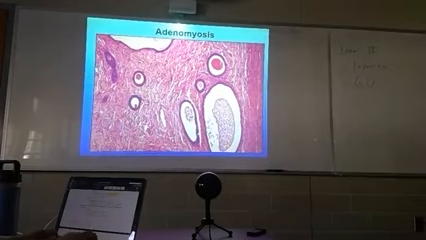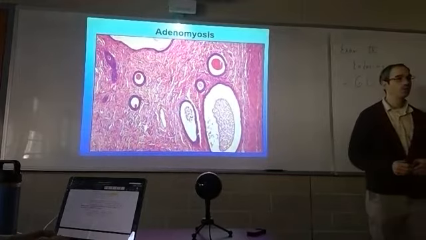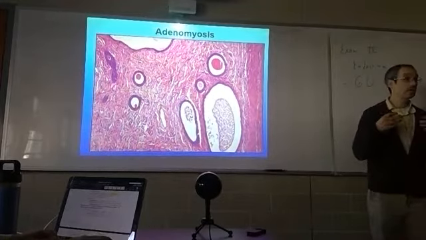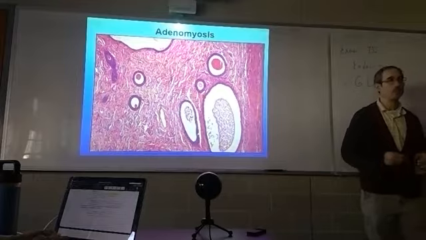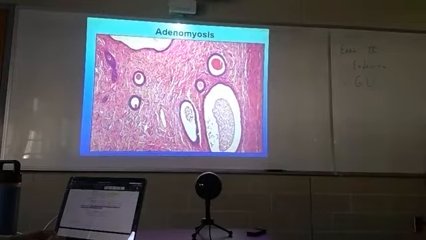Because this endometrial tissue is functional, it will grow and involute along with the woman's cycle, which means it's going to bleed. The biggest problem with endometriosis is that at the beginning of the cycle, when a woman menstruates, all of this tissue is going to degenerate, pass blood into the pelvic cavity, and incite a lot of inflammation.